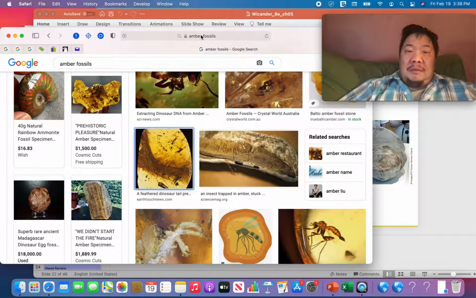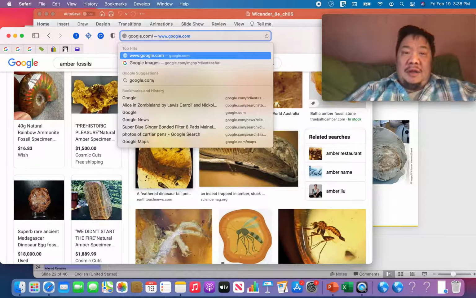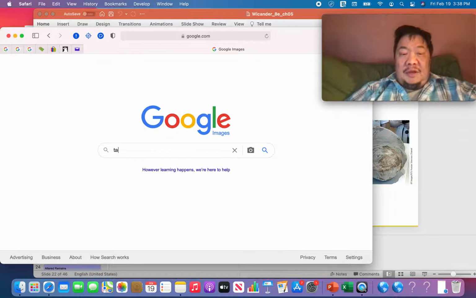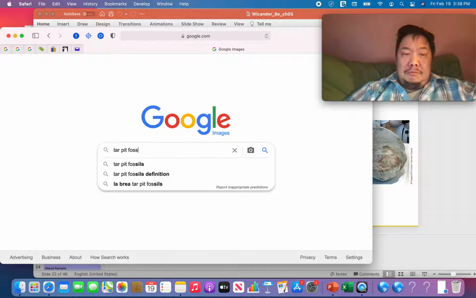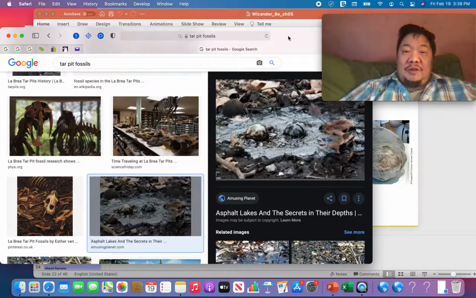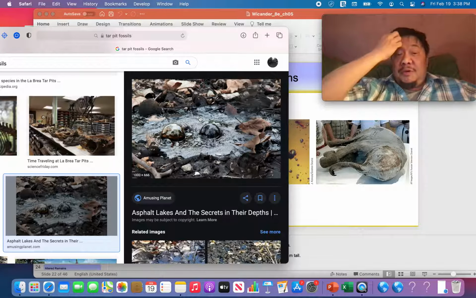Another way you can preserve fossils is in tar pits. What are tar pits? Well, let's take a look here. There are these tar pits, and tar will travel to the surface of the earth. That's hydrocarbons. That's the heavy part of petroleum.